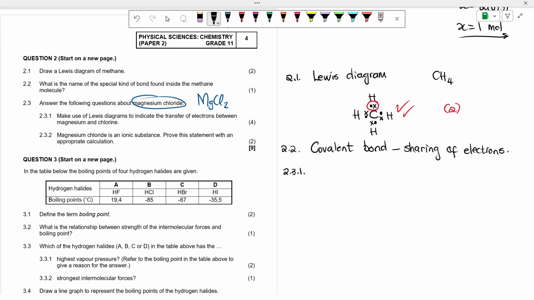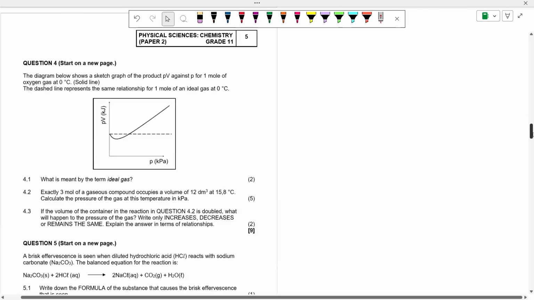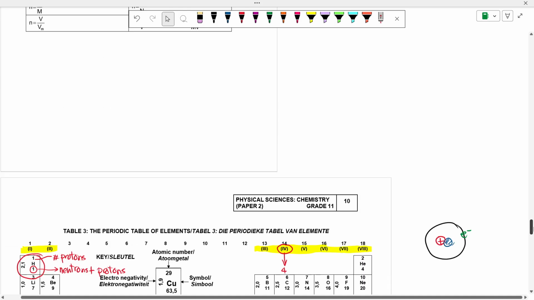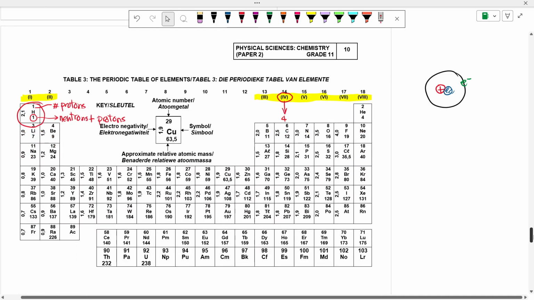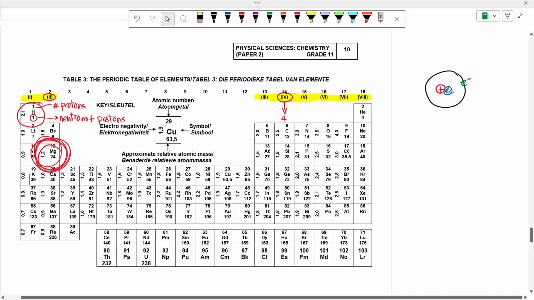So what you're going to do is show that magnesium, let's check the valence electrons if we can find them on the periodic table. Mg has 2 valence electrons. You can see it's under the Roman numeral 2. There it is, right there. So that means we have 2 valence electrons on that.